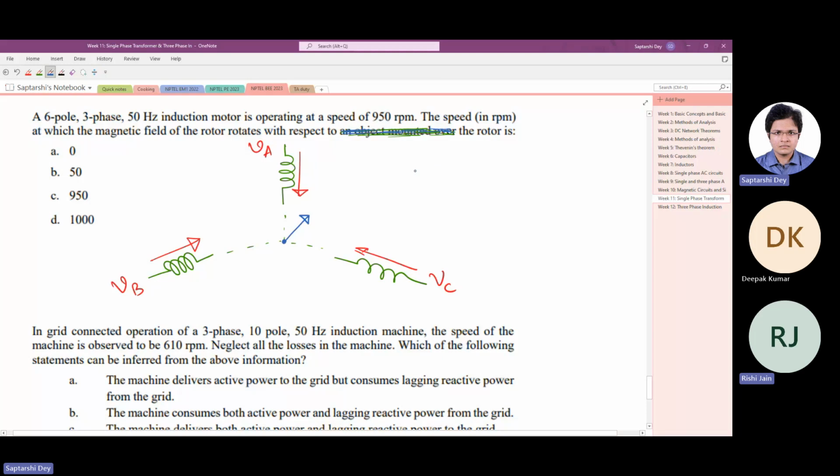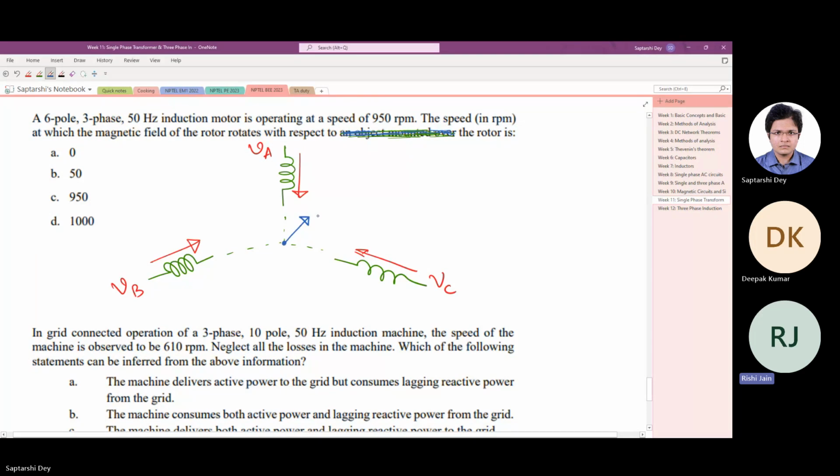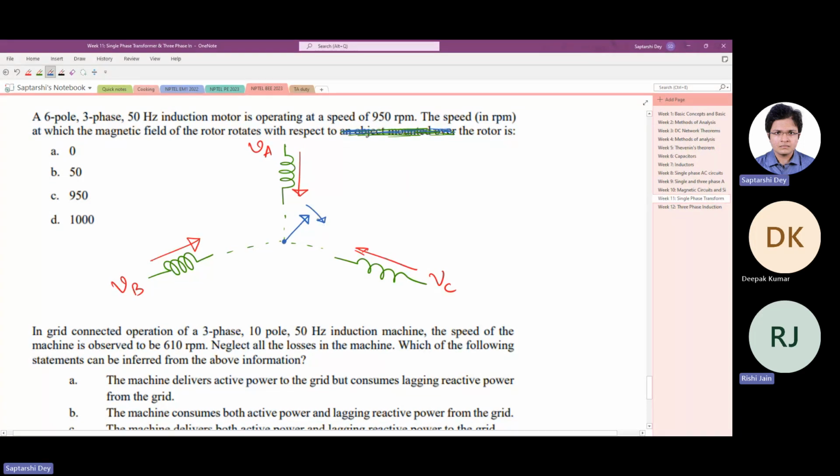So what happens in this case is a rotating magnetic field is developed. If it were possible to see the magnetic field with the naked eye, you would see that the magnetic field inside is rotating.